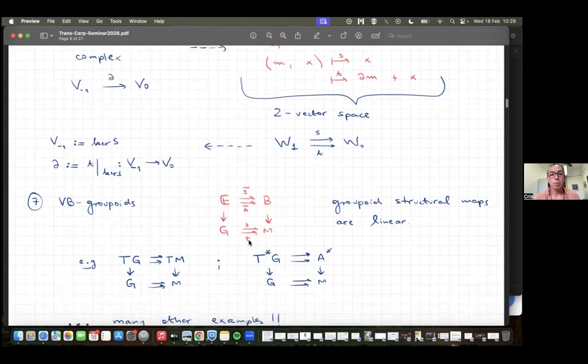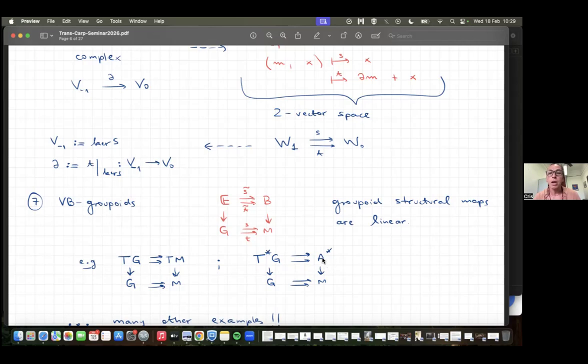One of the main examples of VB groupoids is the tangent groupoid of a Lie groupoid. You have G a groupoid, and you can apply the tangent functor to each of its structural maps. You end up with a VB groupoid called the tangent groupoid. And these VB groupoids admit duals, and taking the dual VB groupoid of the tangent groupoid, one gets the cotangent groupoid of a groupoid.